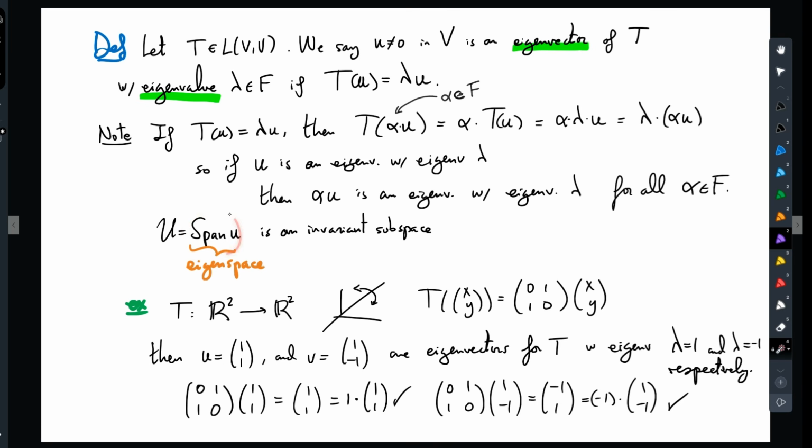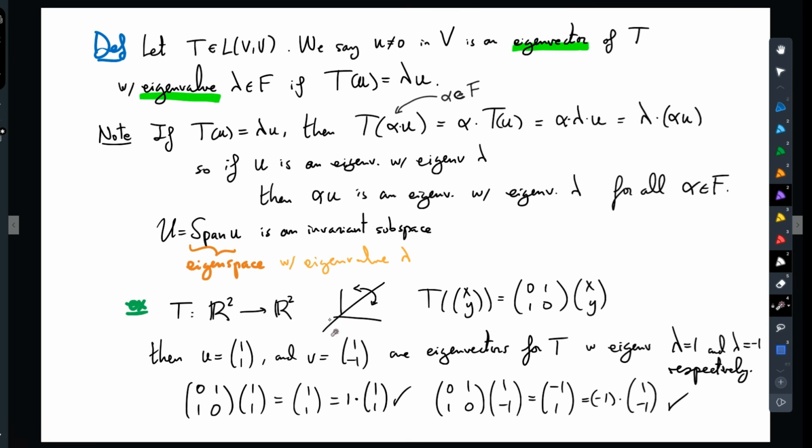All of the vectors in the span of u are eigenvectors with eigenvalue lambda, so we call this an eigenspace, an eigenspace with eigenvalue lambda. Okay, so that's our first instance of an eigenspace, not just one eigenvector, but an eigenspace such that every element in there is an actual eigenvector.